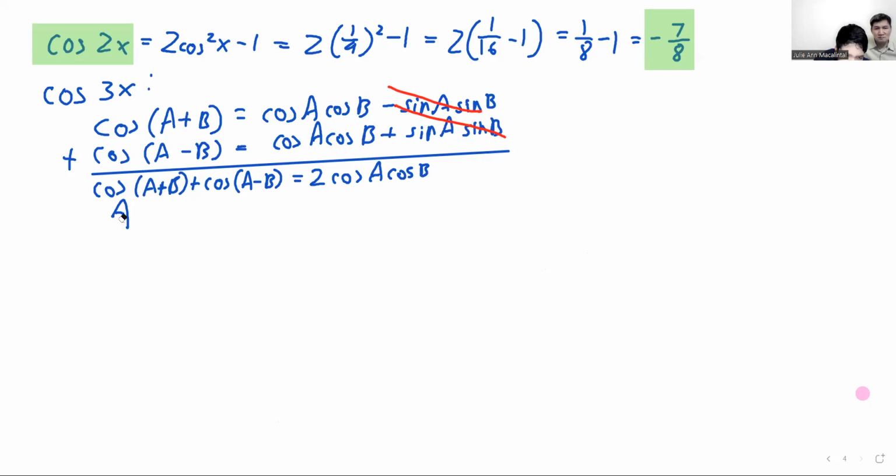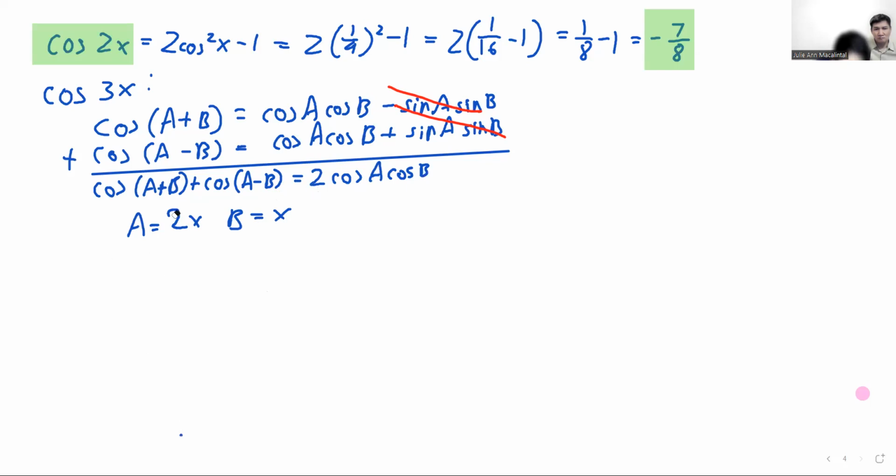So we can think of useful values of A and B. A could be 2x, and then B could be x, giving 3x.